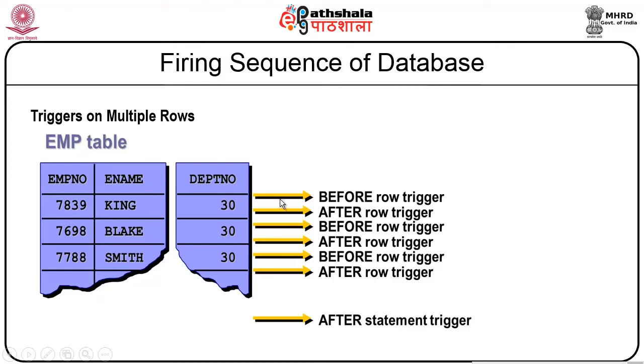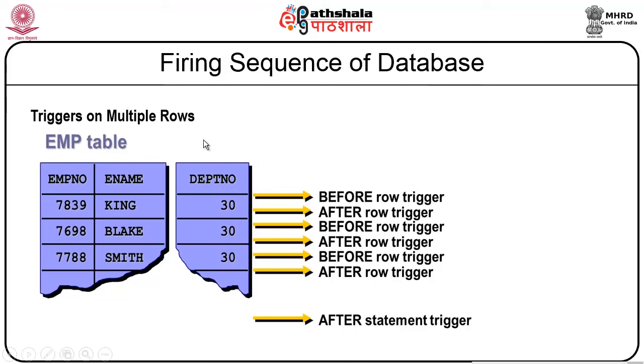Likewise, if I continue doing this on all the relations existing in this employee table, every record in the employee table will have two row level triggers to be performed: one is a before row level trigger, the other is an after row level trigger.